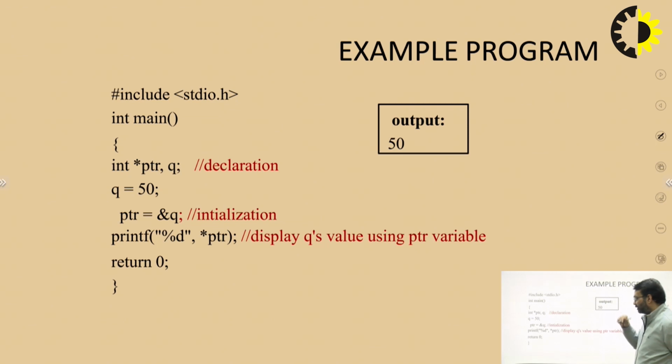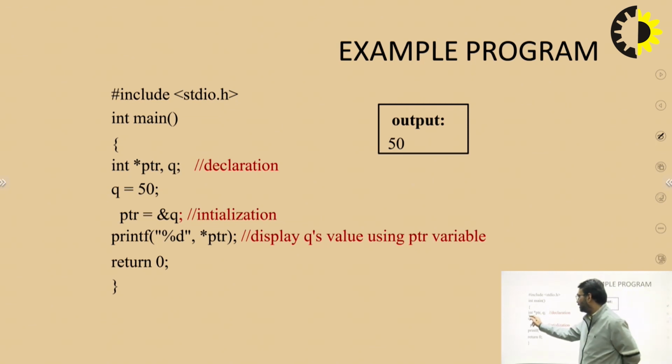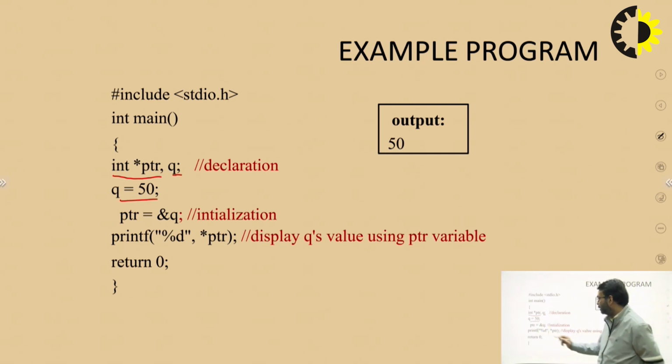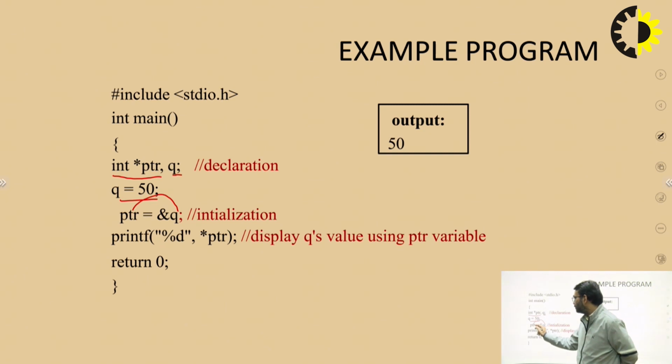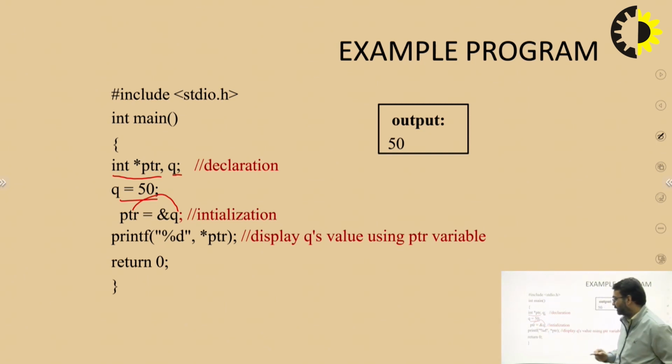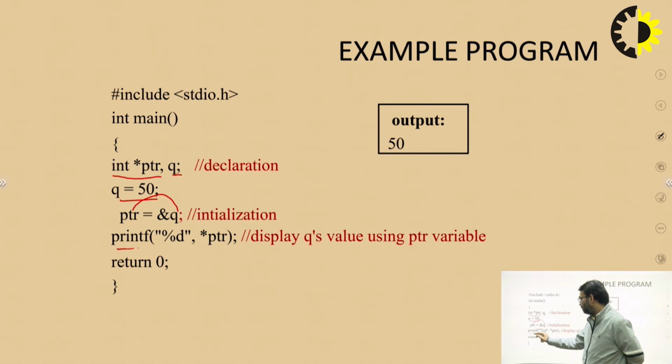For an example program, suppose we are declaring an integer q. Now q is assigned 50. Then we are assigning the address of q to a pointer ptr. Now here we put asterisk against a pointer type variable.